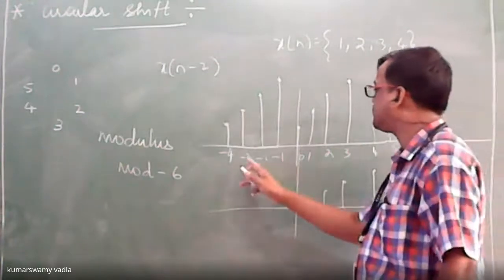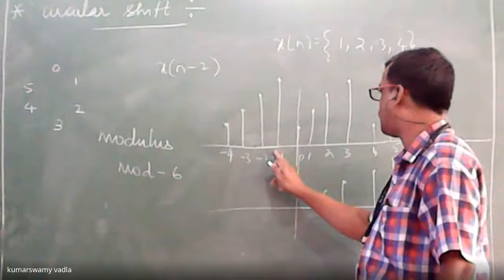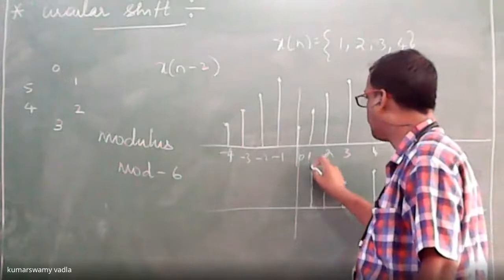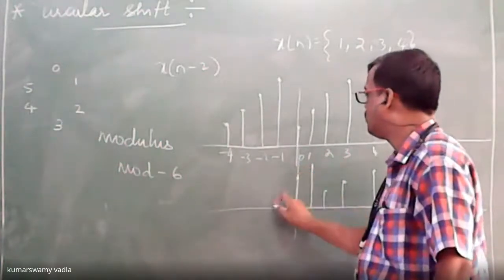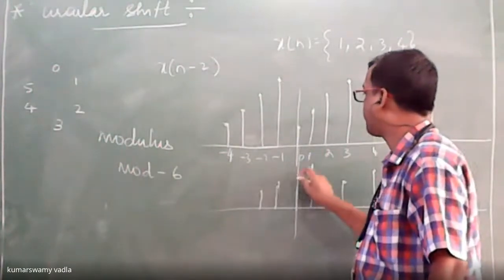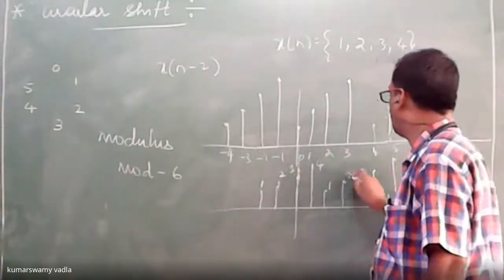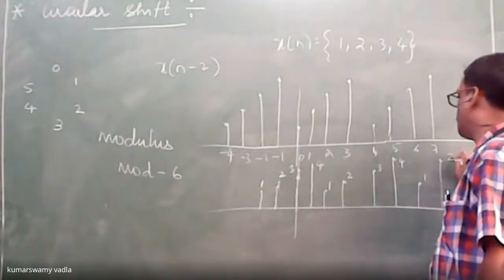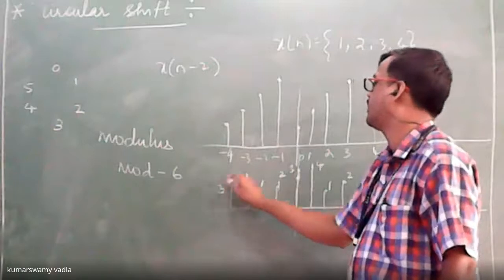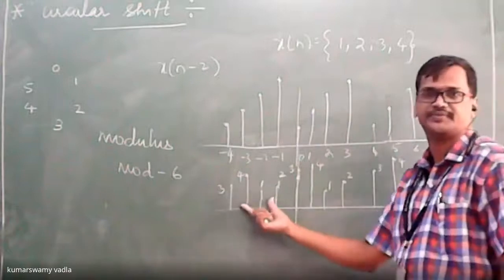Now what happens to this part? This value across -1 will come and sit across +1. So this will become 4, 3, 2 and 1, then 1, 2, 3, 4, 1, 2, and again 4, 3. Because this 4, 3 came here, friends, as I rotated.